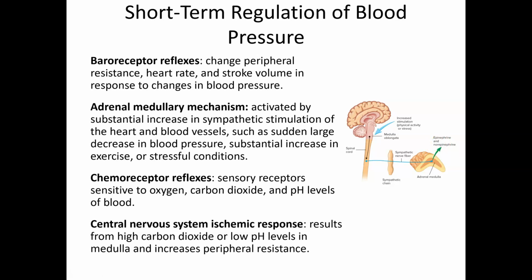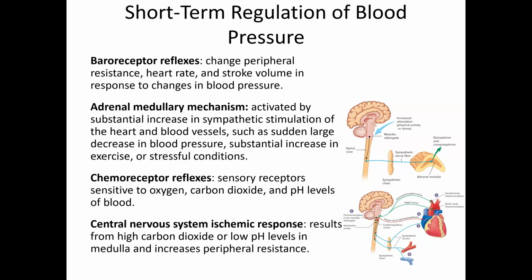Our chemoreceptor reflexes are also going to be sensory receptors, and they're going to be sensitive to oxygen, carbon dioxide, and our pH levels of blood. These reflexes are going to be stimulated whenever we have decreases in our blood oxygen levels, increases in our carbon dioxide levels, or decreases in pH.